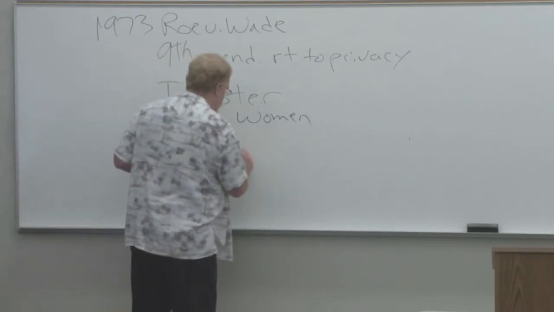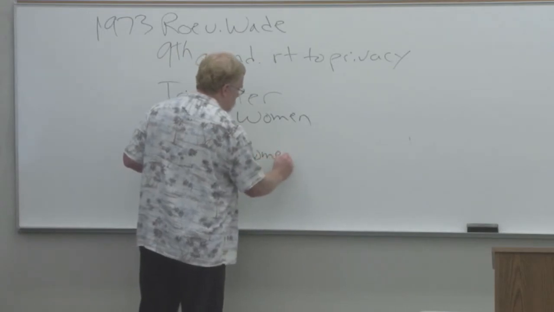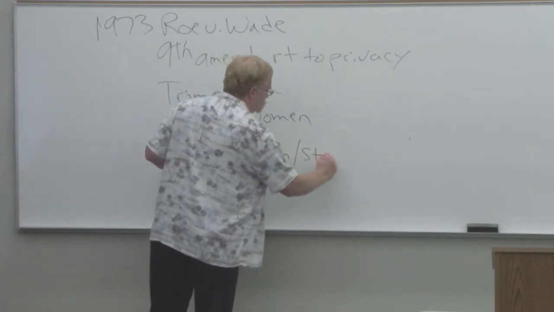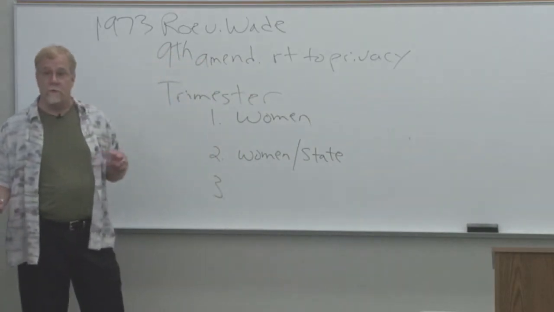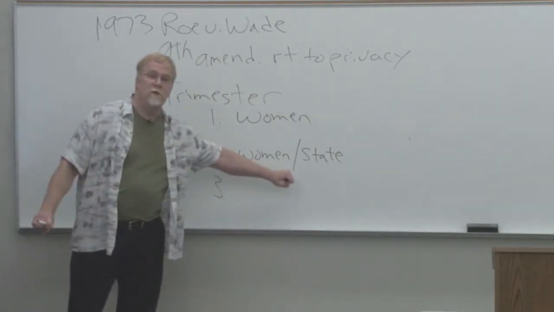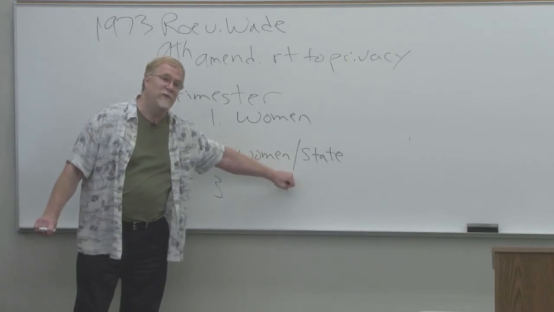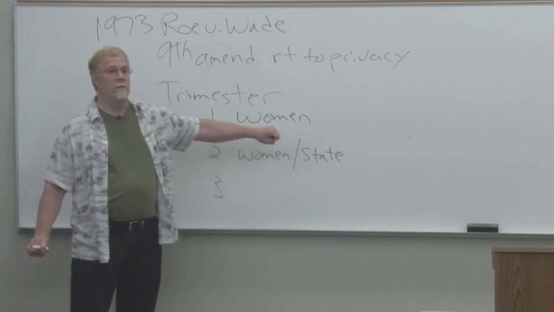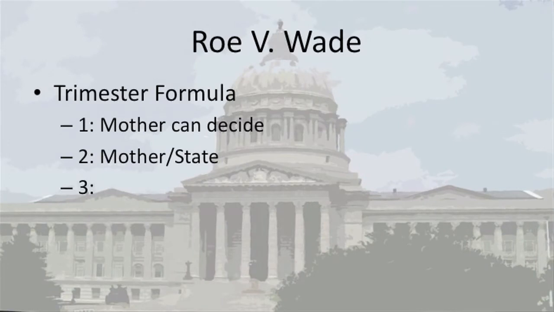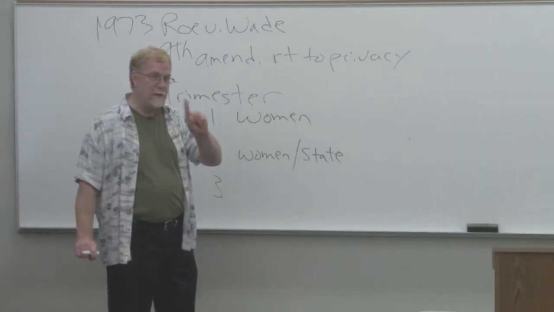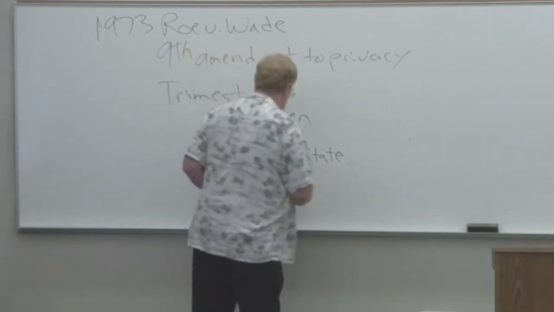In the second trimester, the decision is primarily the woman's or the mother's, but the Supreme Court allows the state to have a role in that abortion decision. But it's important that the state's role is with respect to the life of the mother, not the unborn child.